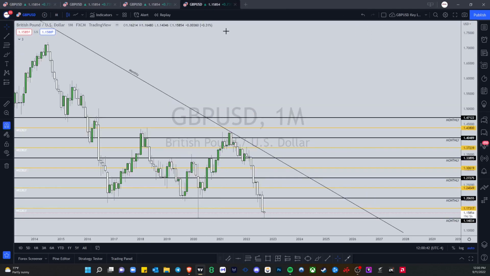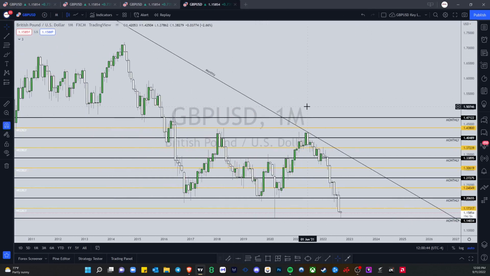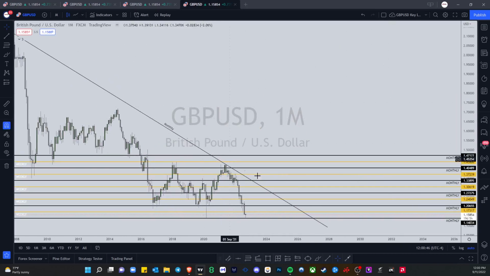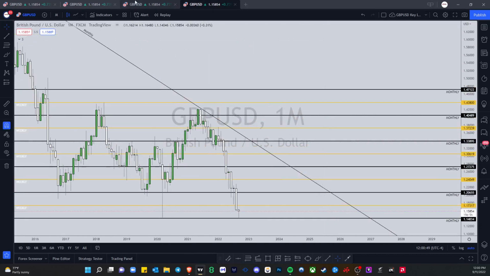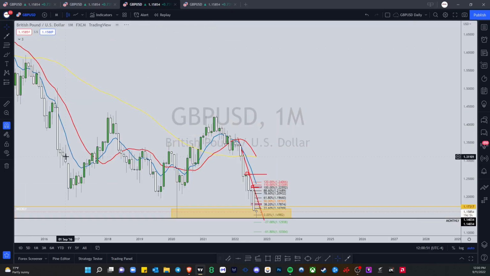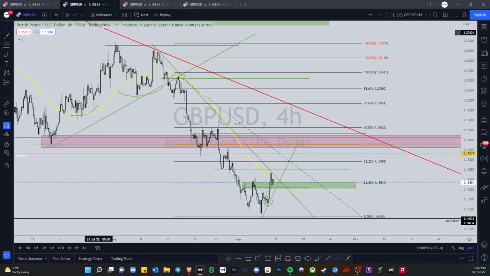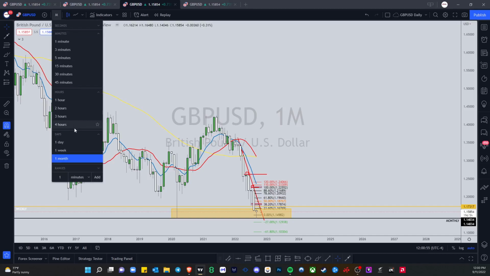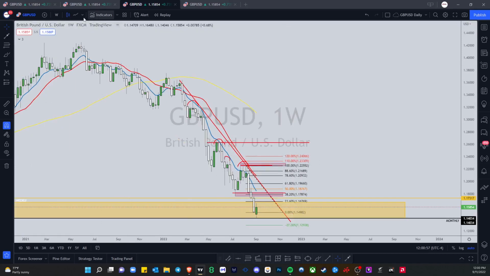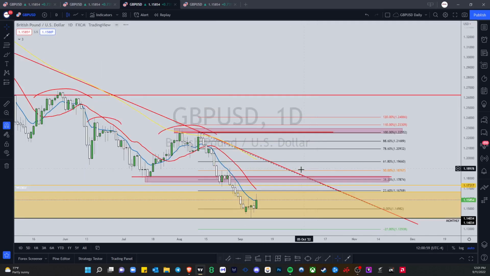So right now, overall direction on GU is bearish, because everything is showing bearish right now. Monthly, weekly, daily. Daily is just counter trending right now. Counter trending bullish.